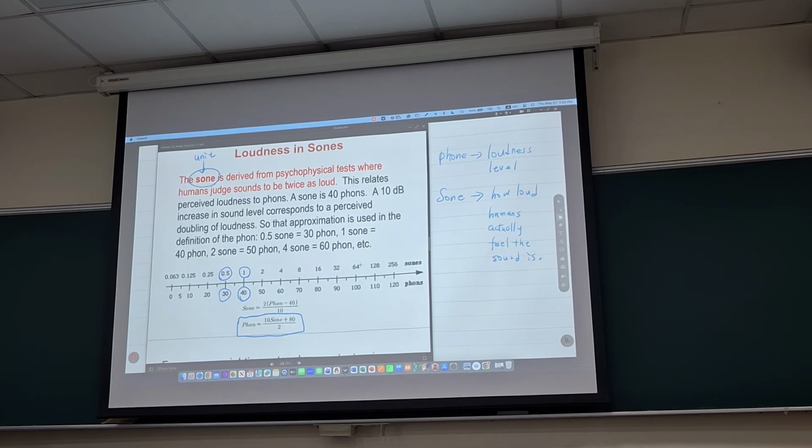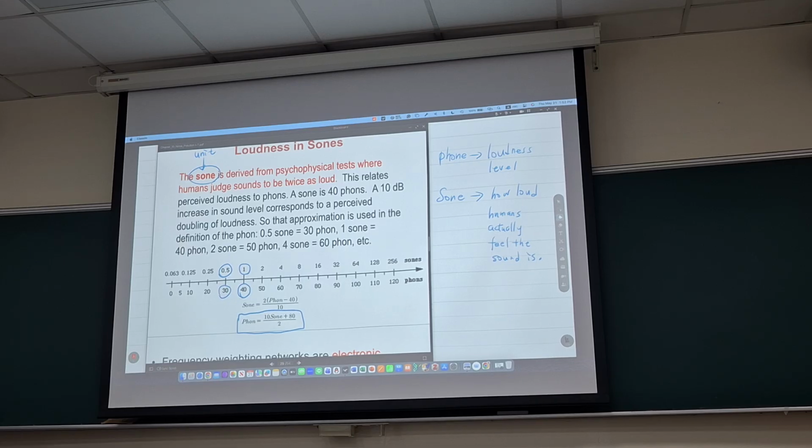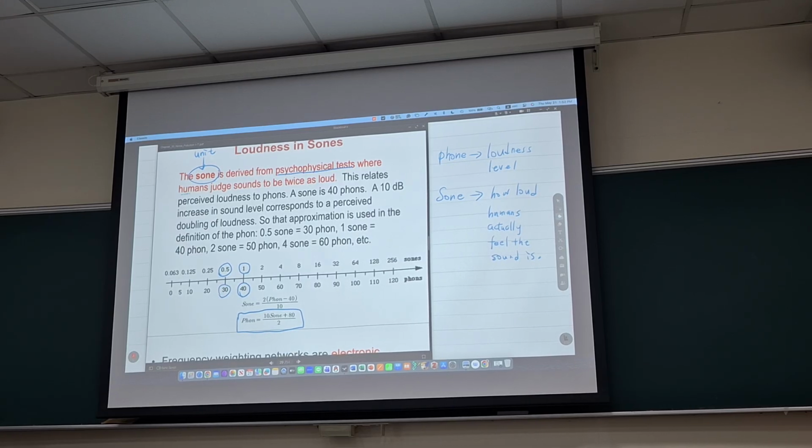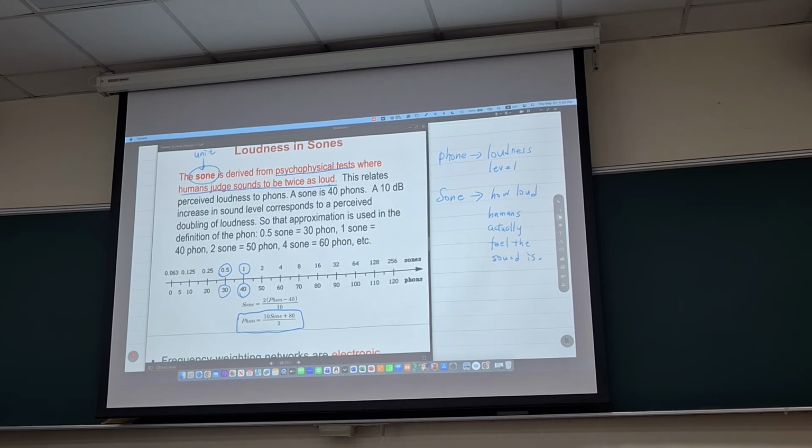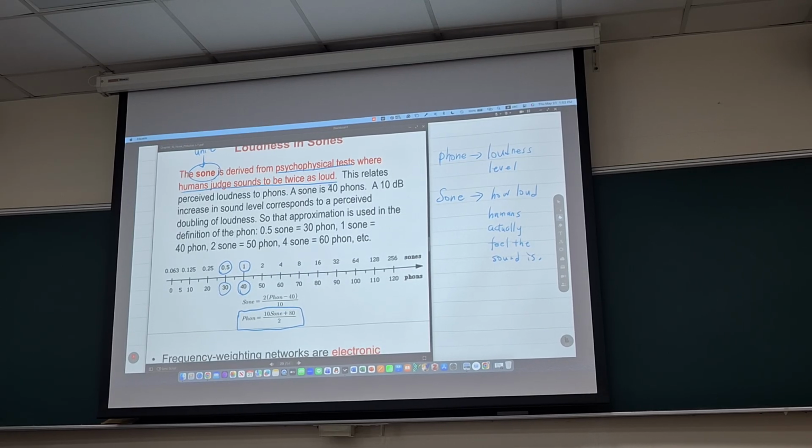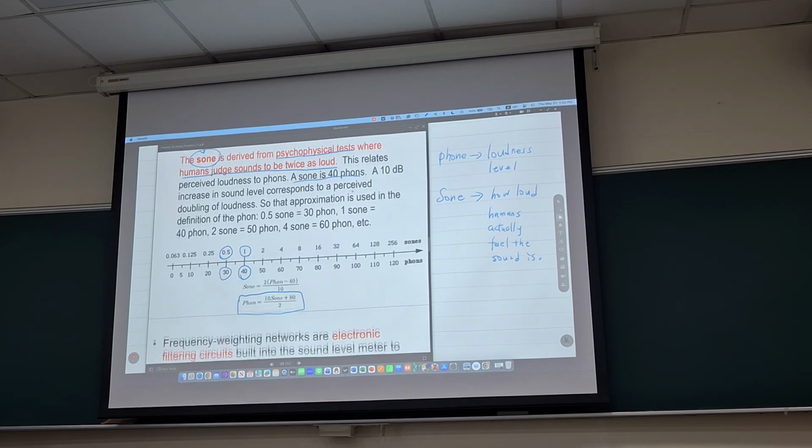It is derived from the physiological test, where humans judge the sound to be twice as loud. So a sound is close to 40 phones.